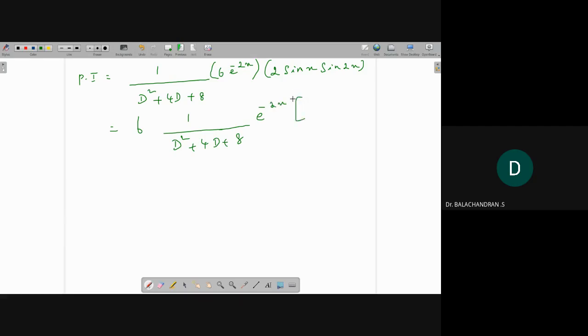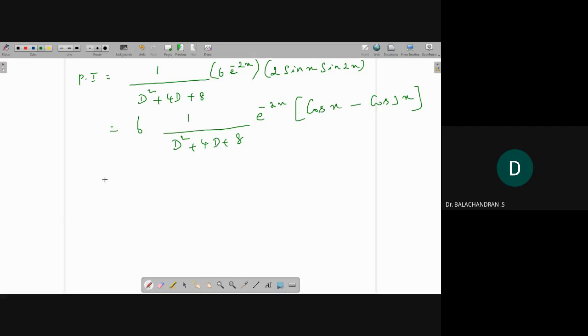So 2 sin a sin b, you should know the trigonometry identity: that is cos of a minus b minus cos of a plus b.